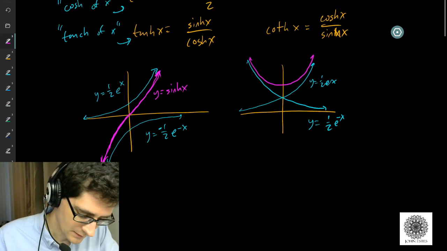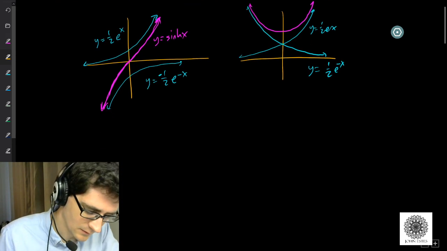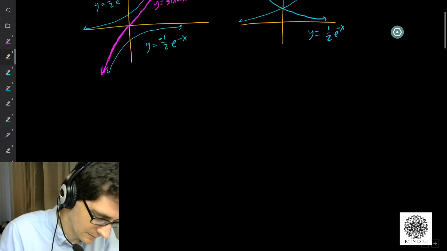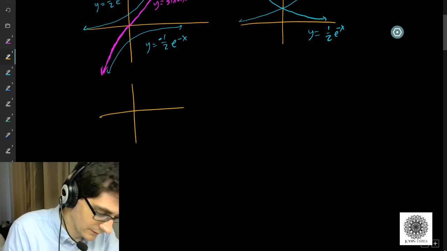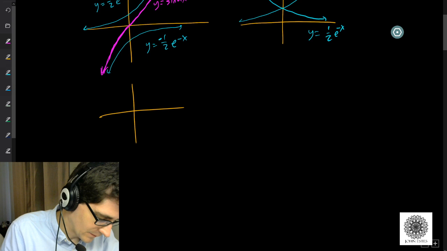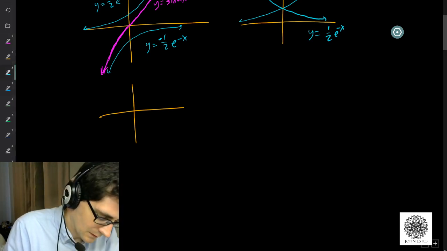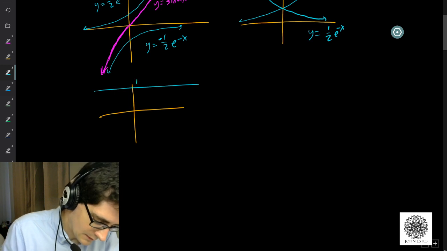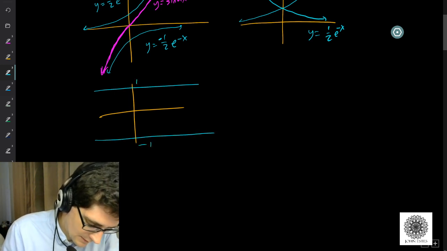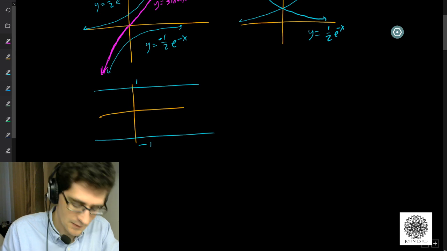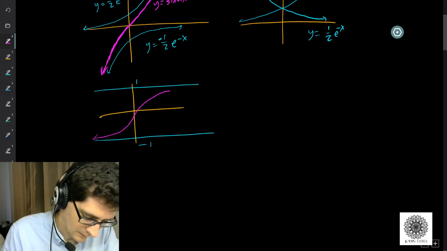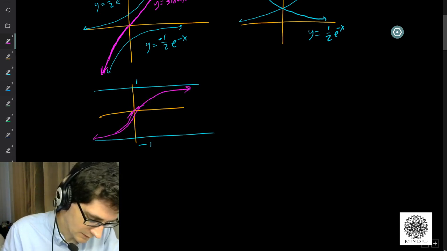Okay, now an interesting thing here. I guess let's do our third one. I say an interesting thing. They're all interesting, right? So if I look at tanh, I have horizontal asymptotes at 1 and -1, and my graph looks something like this, which looks very similar to tan inverse, really.